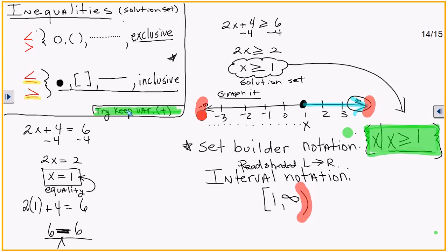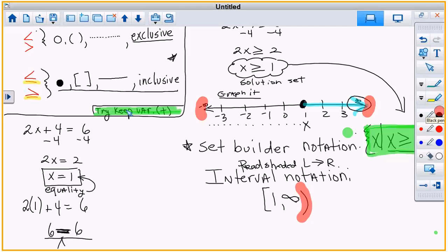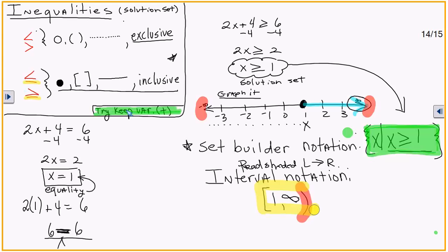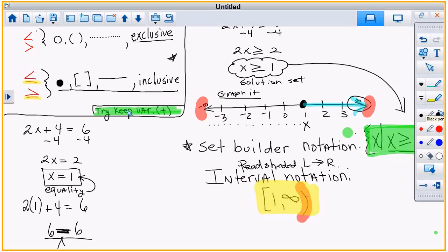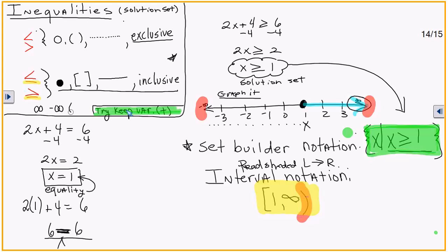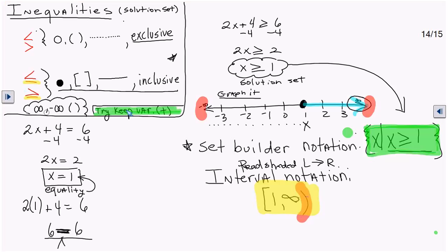You can't. You can't touch infinity. So that's why it gets a parenthesis. The bracket is a bracket because it's inclusive. And this is called interval notation. So let's go over here and write infinity and negative infinity get parentheses. So you need to write that down too. Okay?